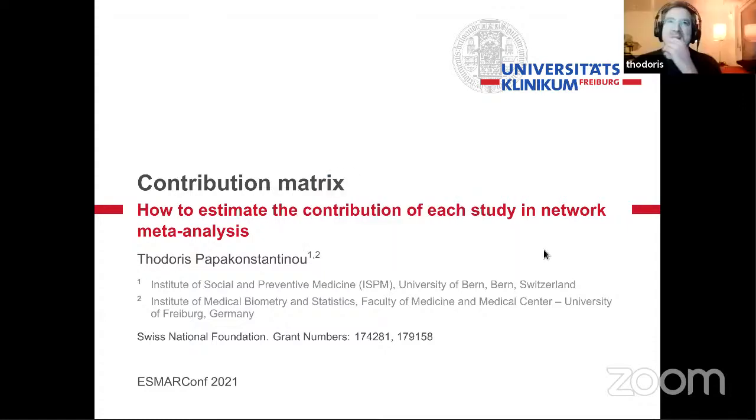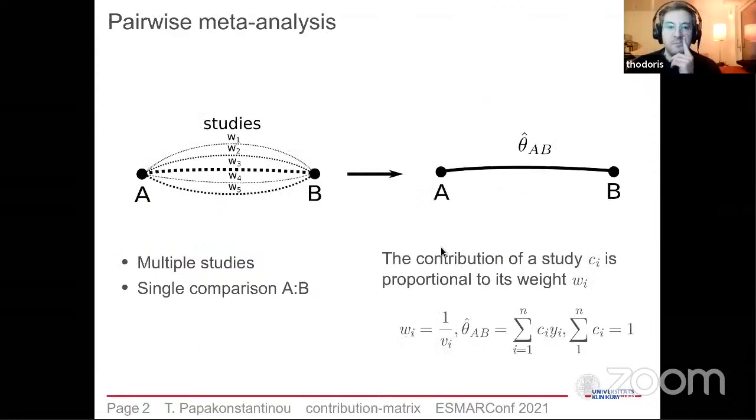Okay, so I will be talking about how to estimate the contribution of each study in network meta-analysis. I will start with the contribution of studies in pairwise meta-analysis, where we compare two treatments, say treatment A versus treatment B. We do that by synthesizing various studies examining this comparison.